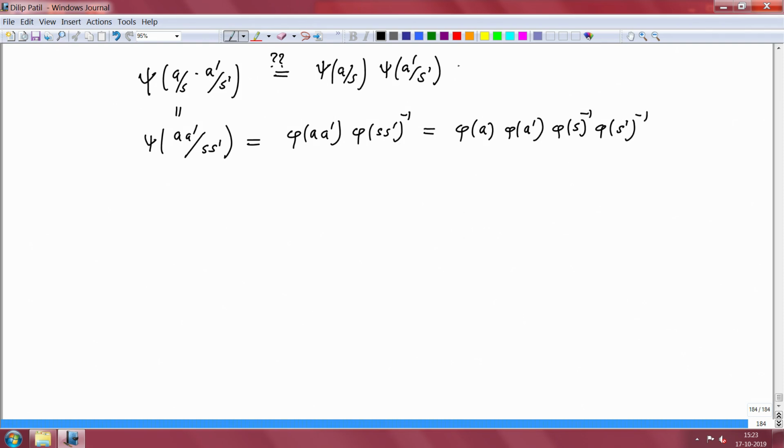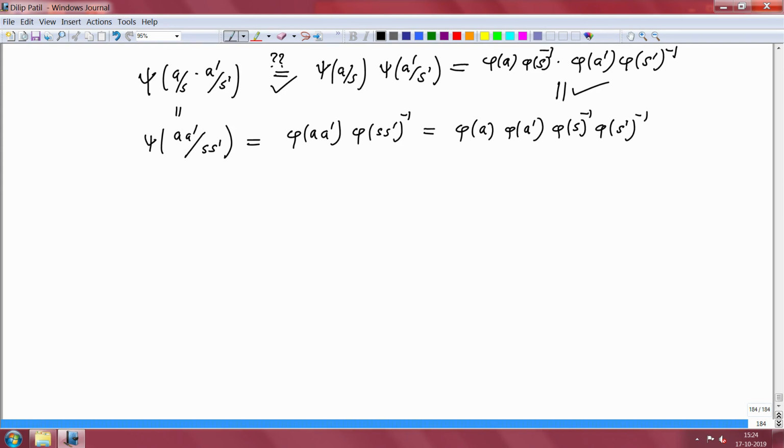And what is the other side? This we have defined as phi of a, phi of s inverse times phi of a prime, phi of s prime inverse. But you see both are the same, the only thing is they have commuted. So we have checked this.